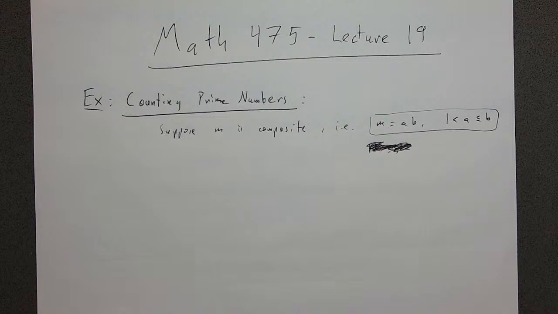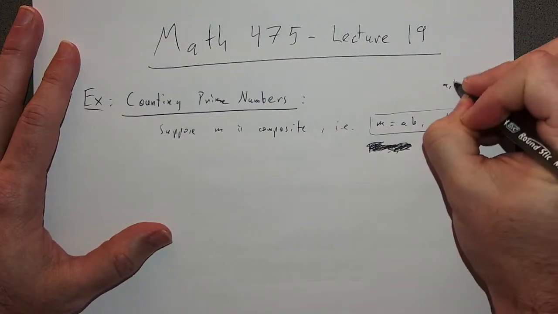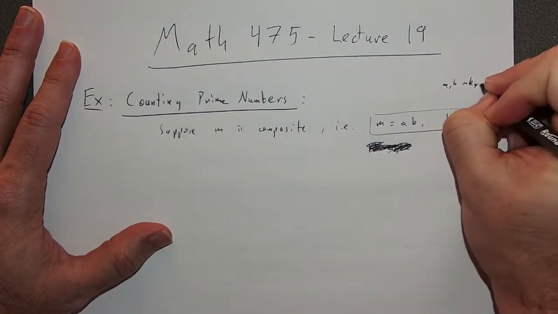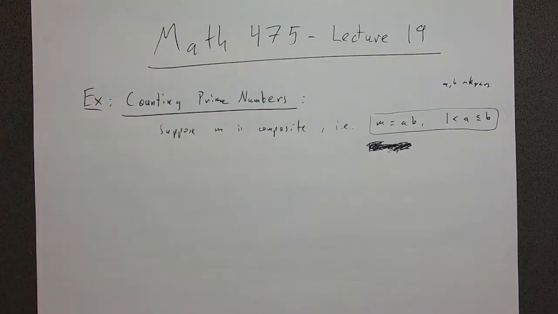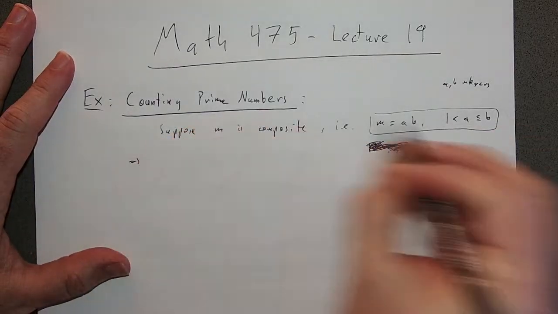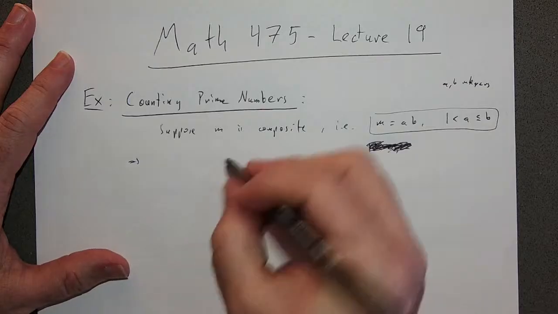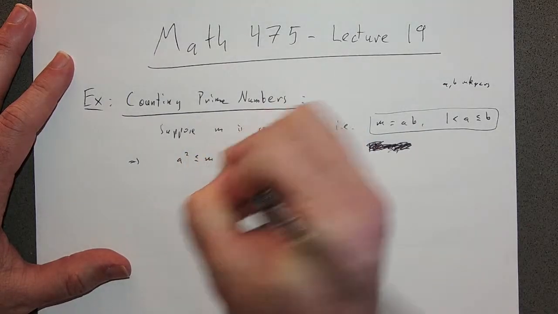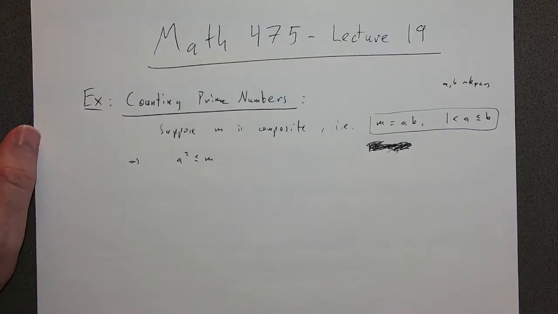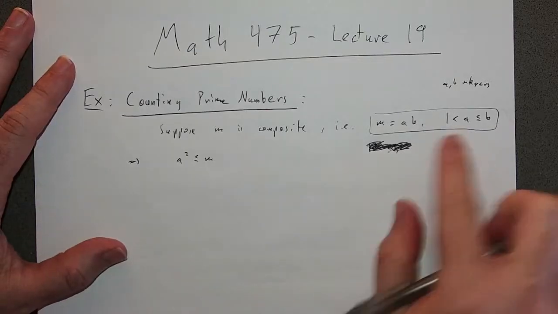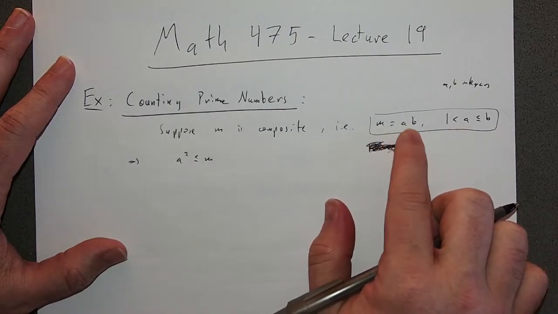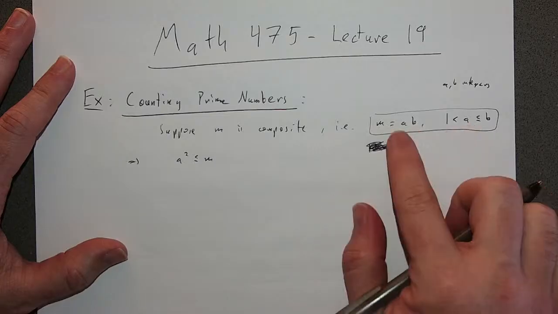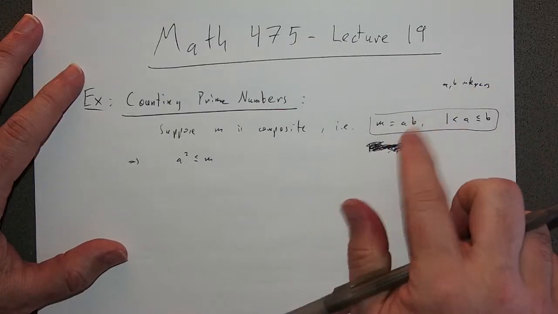Okay, so both A and B are integers here, but they're bigger than 1. Then what we know is, first of all, A squared is less than or equal to M. Why? So if M can be written as a product of two integers, both larger than 1, take the smaller one of these.